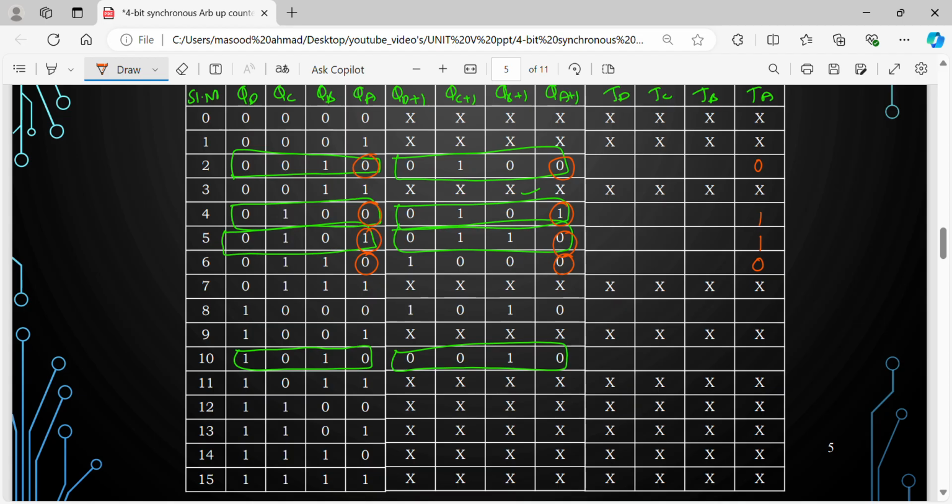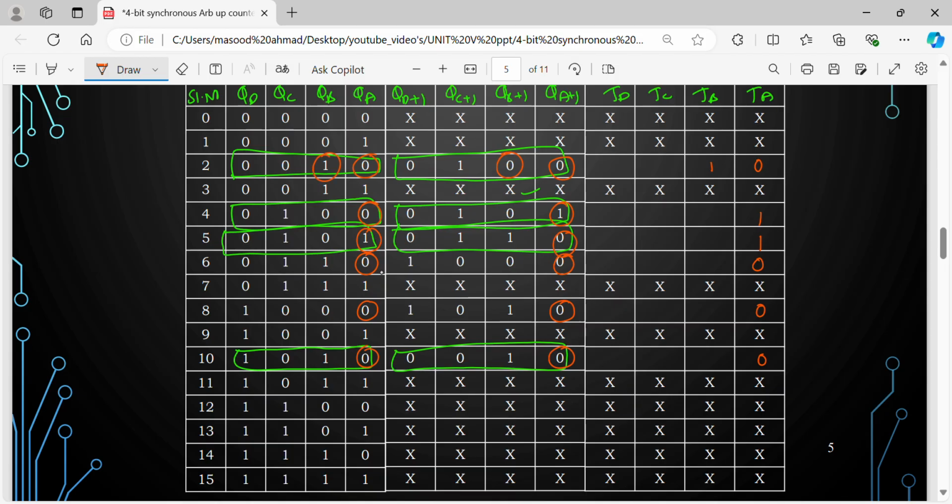So next, for 8 the next state is 0. So 8 next state is 10, so this is also 0. When you compare this 0 with this 0, we once again get 0. Next I need to compare QB plus, so when this is 1 and it is 0, it is 1.